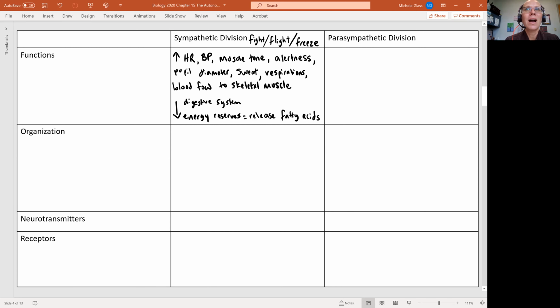This is our kind of reserve backup energy source. So if we're getting ready to do a whole bunch of muscle contraction as we fight, flight, run away, or freeze, we need to make sure that we're getting as much ATP fuel as possible to these cells. Okay.